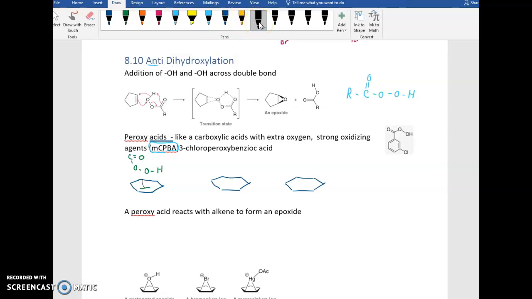The pi electrons are going to be attracted to that oxygen. The electrons here are going to snatch that proton. These electrons are going to come down here, and then these electrons are going to go back to live on that oxygen. Okay, so a lot going on.